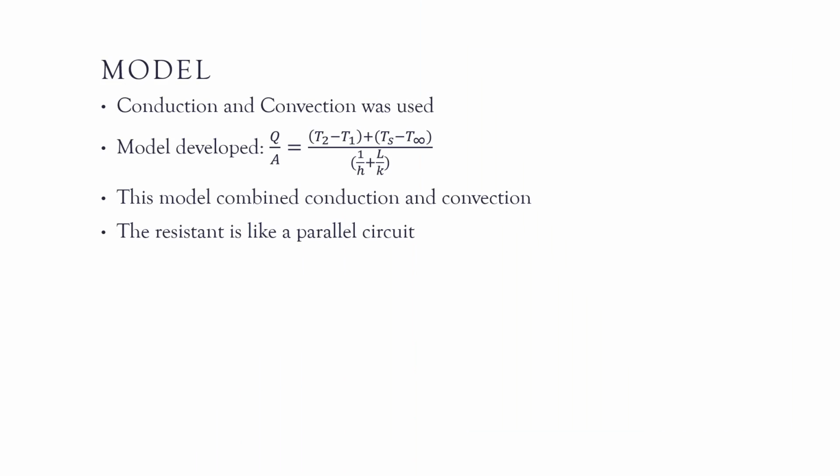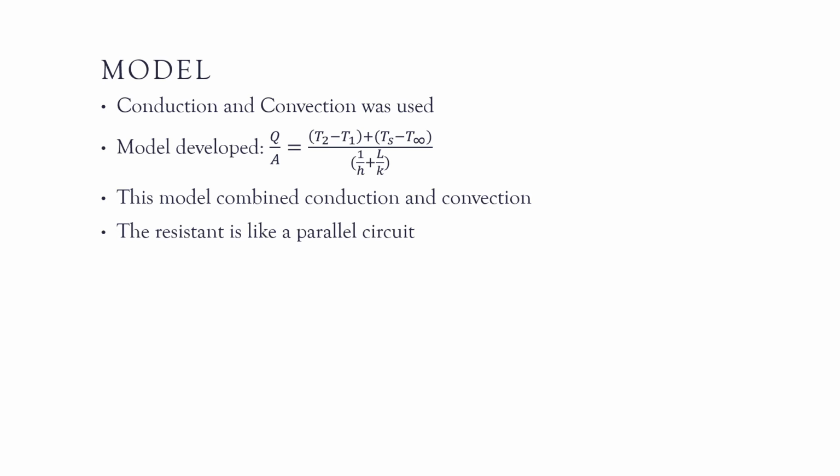For the model, I'm using a combined equation of conduction and convection because the cooking is done by both at the same time. By combining the two model equations together, you can calculate the time it would take, because temperature is a function of time.